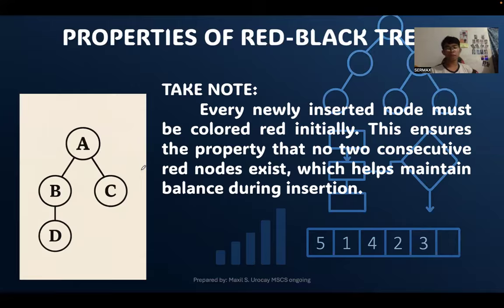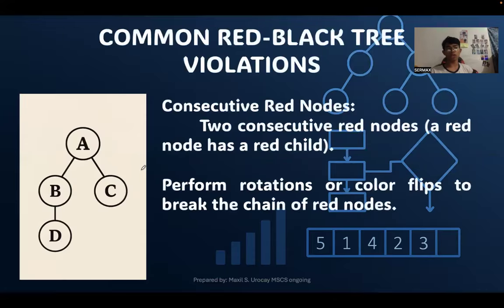This ensures that no consecutive red nodes exist, which helps maintain balance during insertion. So if two consecutive reds happen, we will make sure there will be a switching of colors, or doing the rotation if applicable.